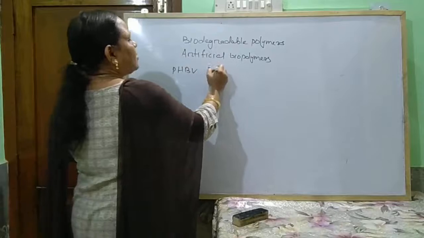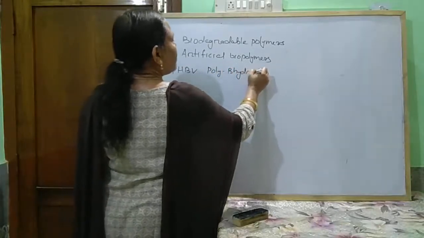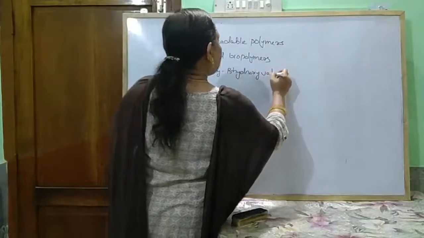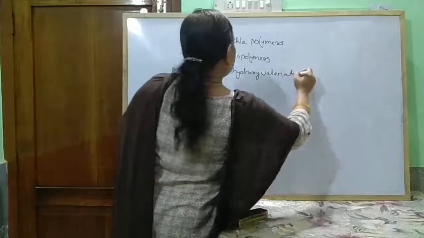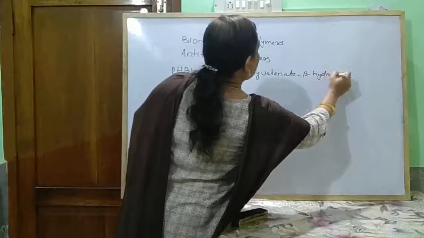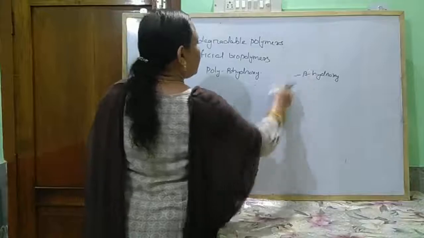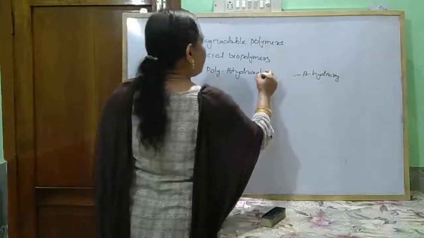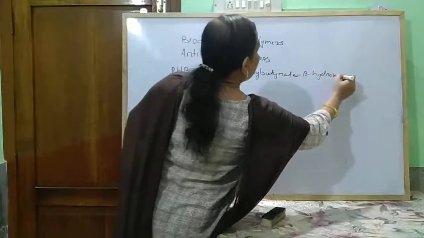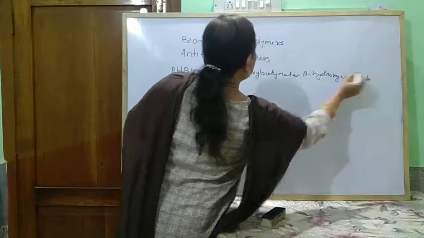Some examples are PHBV, poly beta hydroxybutyrate and beta hydroxyvalerate. B is written first, so butyrate and beta hydroxyvalerate.